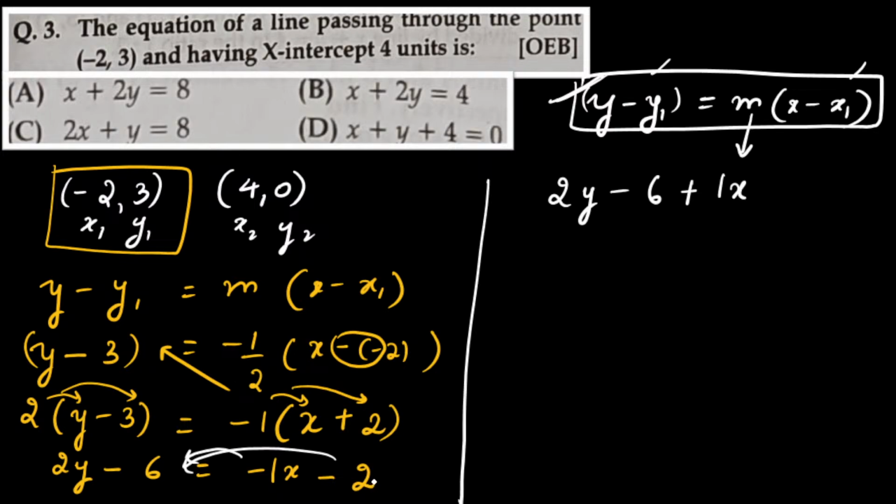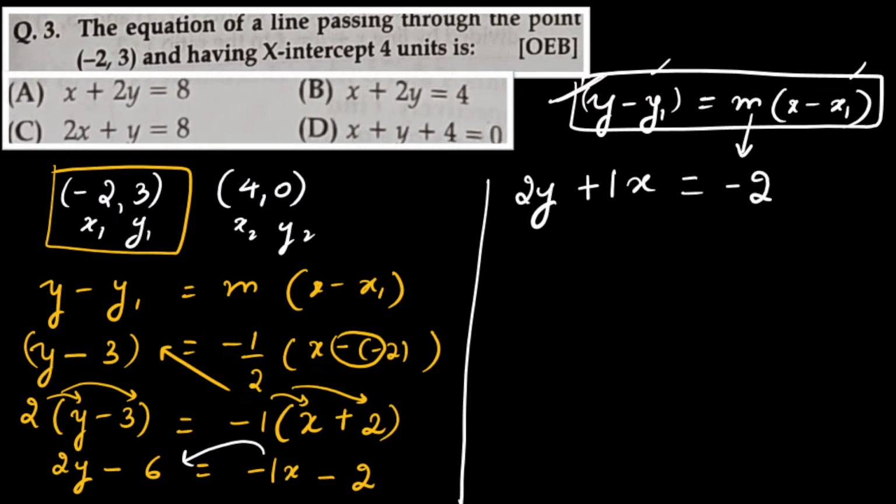Let's shift variables on this side and numbers on the other side. Let me write once again. I already have 2y minus x. If I shift, it will become plus 1x. Minus 2 is already on the other side. If I shift minus 6 to the other side, it will become plus 6. So variables on one side and numbers on the other side.